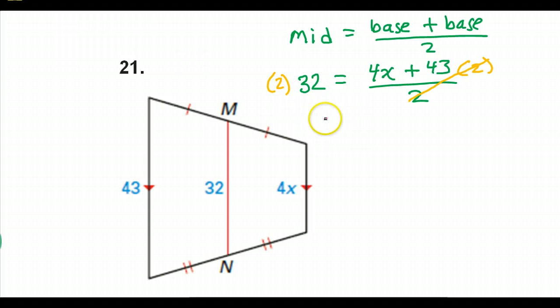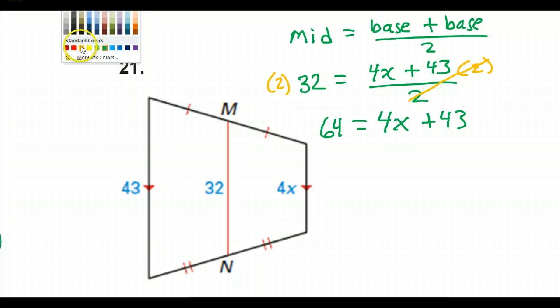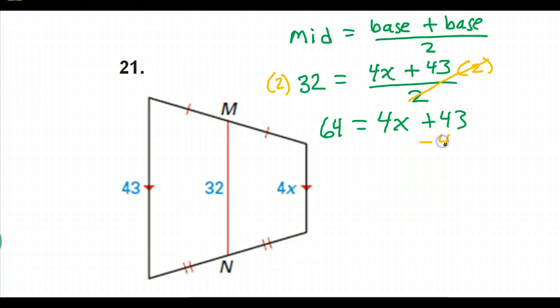So that's going to give us 64 equals 4x plus 43. Time to subtract 43 from both sides, yeah? Okay, so that is going to give us 21 is equal to 4x.